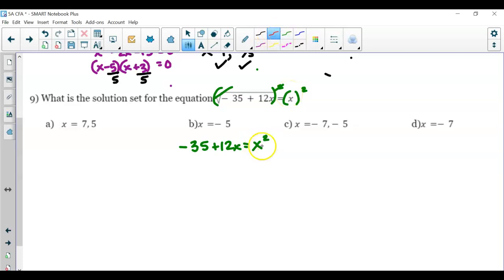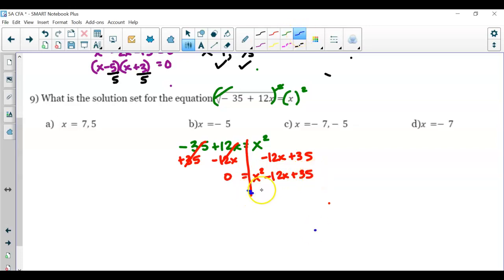But again, you're solving a quadratic, and quadratics always have to equal 0. So we need to subtract 12x from both sides, as well as add 35 to both sides of the equation to cancel out and now have 0, which is equal to x squared minus 12x plus 35. Now we can go through here and solve for x by factoring.